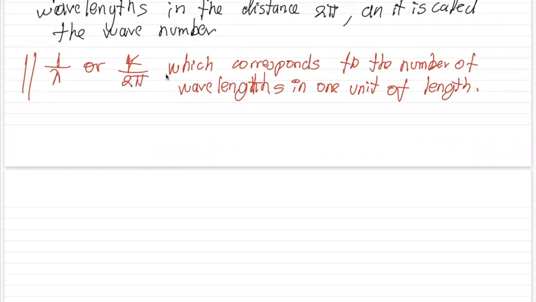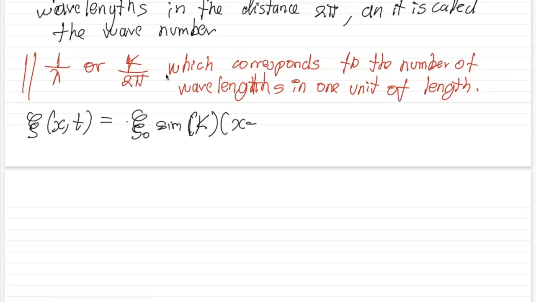So therefore, the final equation for the wave motion in this case is z equal to the amplitude times sine of k times x minus bt. It can be written as the amplitude times sine of 2 pi over lambda times x minus bt.